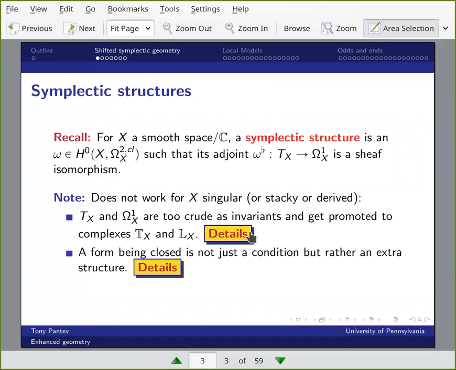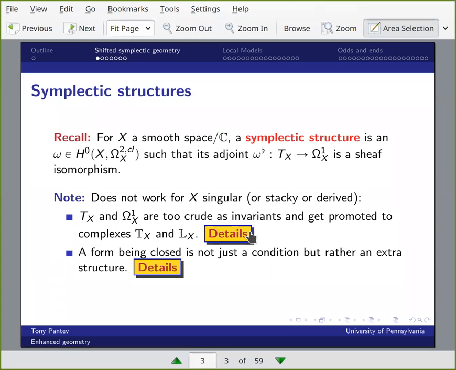But as you'll see in a moment when we talk about formal stacks, sometimes, when you're dealing with formal stacks, you really need to allow almost perfect objects. But if you formulate your moduli problems, there is this hidden smoothness philosophy of Kontsevich, which essentially says that any moduli problem which is intrinsically formulated as a derived moduli problem ends up being locally of finite presentation, so it ends up having a perfect tangent complex.